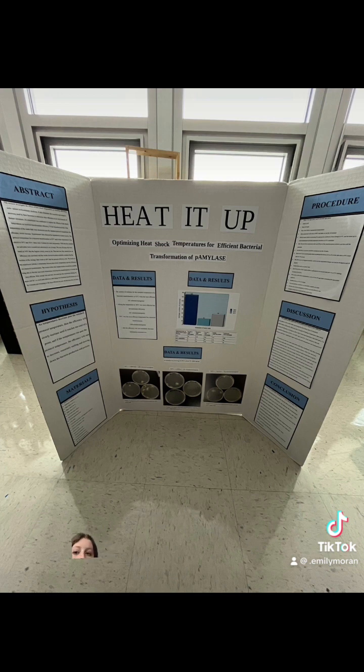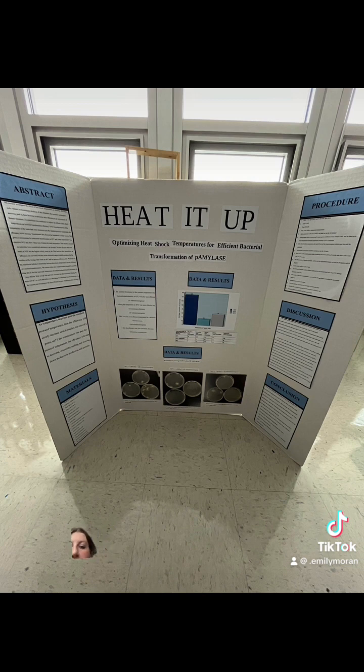And for the 50 degree plates, there was 1 plate that had 0, 1 plate that had 53, and 1 plate that had 133, which had an average of 62 colonies. This showed that 34 had the highest number of colonies, followed by 50, and then 42 had the lowest, which was odd to me because 42 is the standard protocol temperature in almost every procedure I've read on this.